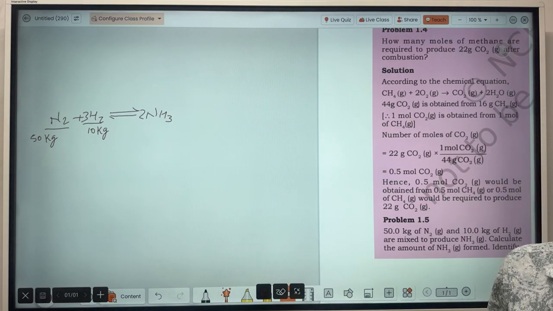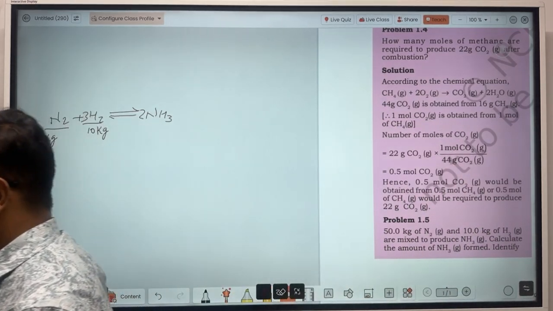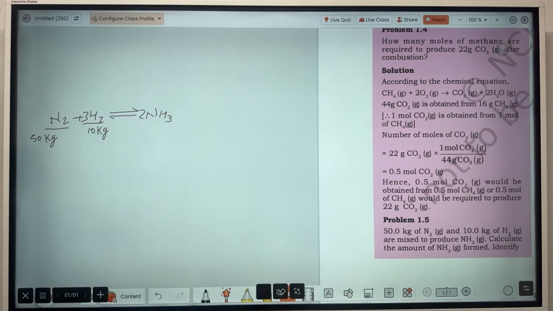By the equation you can predict that 1 mole of nitrogen molecule reacts with 3 moles of hydrogen molecule, forming 2 moles of ammonia.